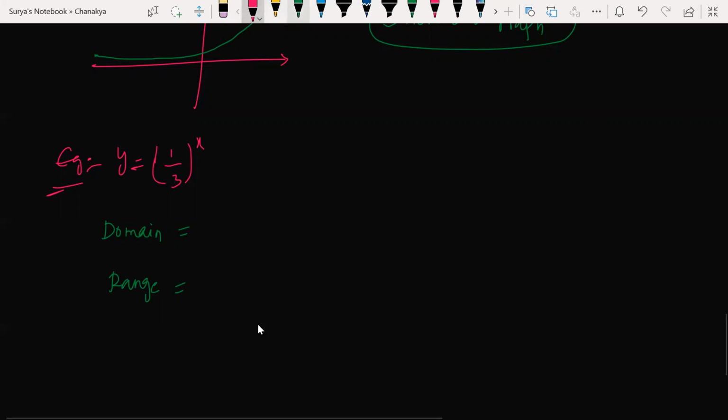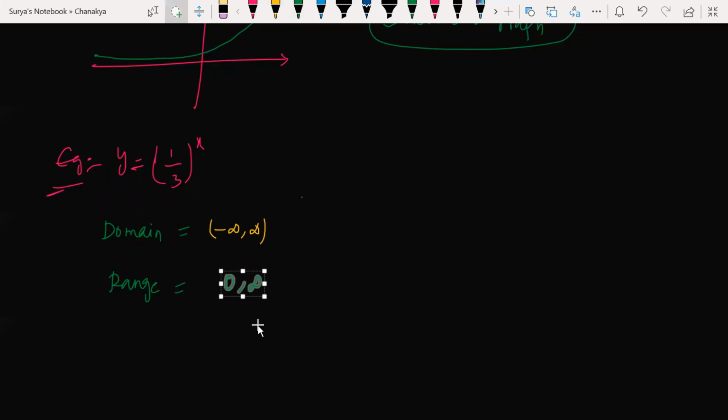Tell me, what is domain here? Again, same, minus infinite to plus infinite. I can substitute any value on the number line, any value from the real number family. Range is also going to be what? 0 to infinite. 0 to 1? No, 0 to infinite.